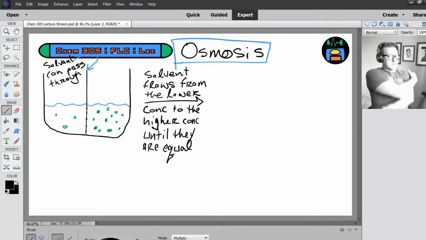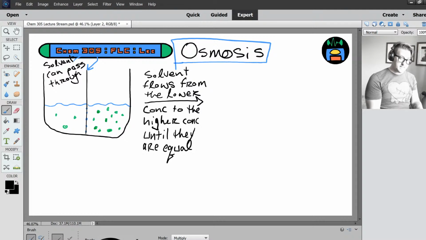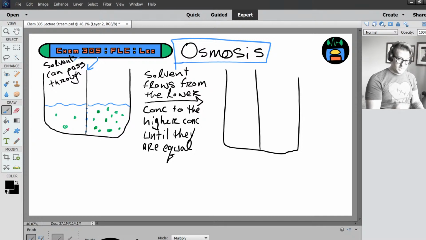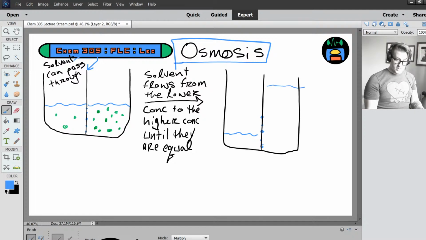So if they're connected through a barrier that solvent can pass through, the solvent is going to flow from the less concentrated side to the more concentrated side. All right, I'm putting these little markers in here to show that the solvent can pass until the concentrations of both sides are equal.